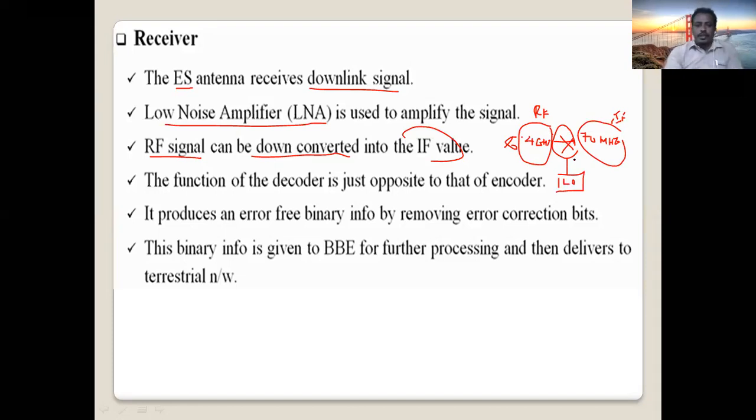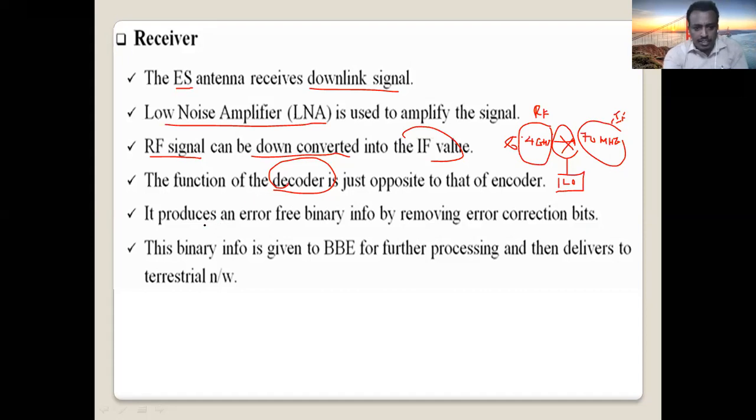So now after the frequency is down converted to 70 megahertz, then it is easy for what? Easy for our decoder, which is the opposite of the encoder. The encoder on the transmitter side adds additional bits which help us with error detection and correction.